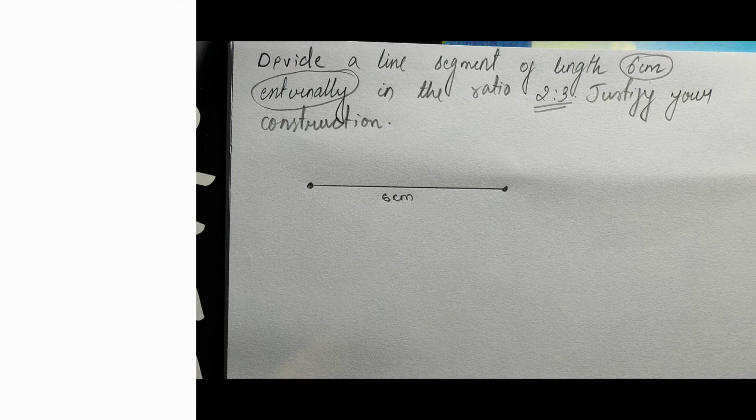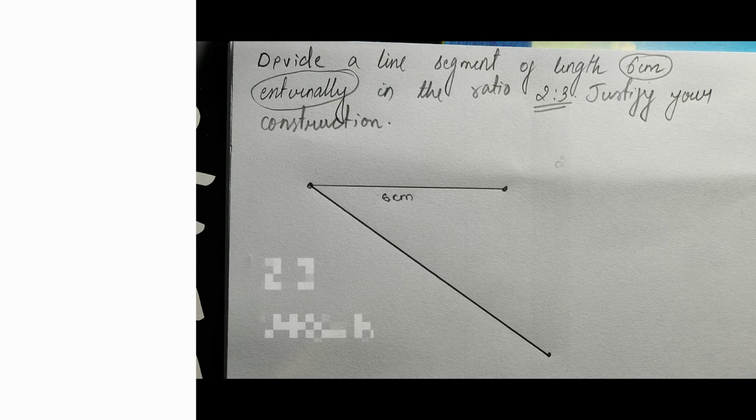Let us first draw a line of length 6 cm as shown. Let us draw another line as shown such that the two lines form an acute angle, just like the previous question. Now since the ratio is 2:3, we will be dividing this line into 5 segments.